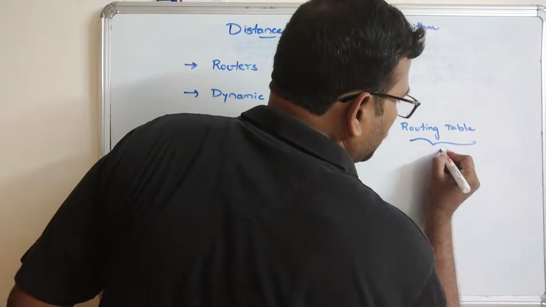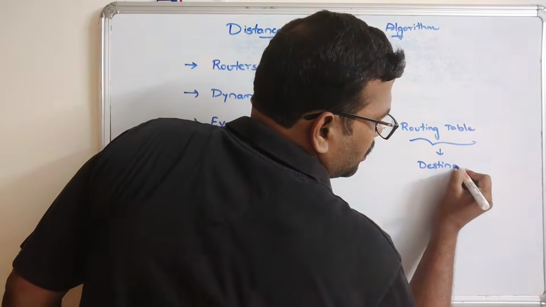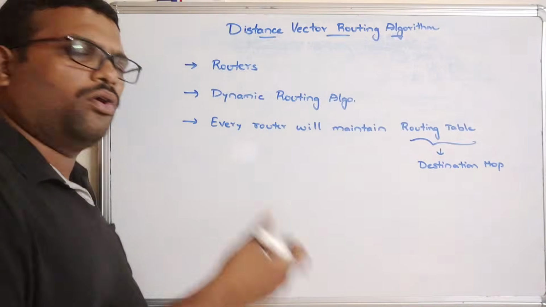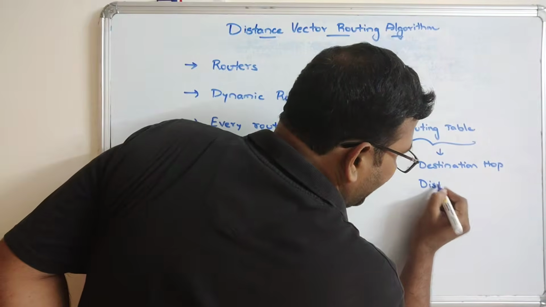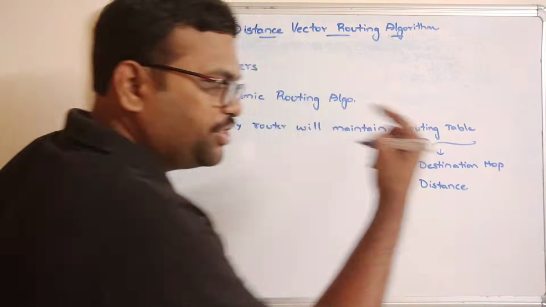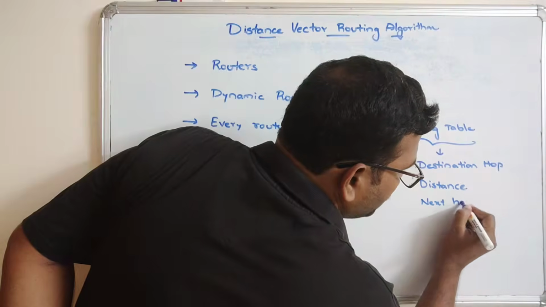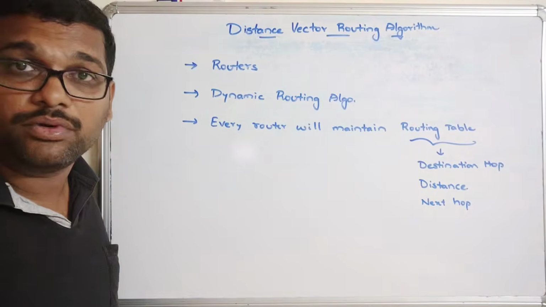This routing table consists of the destination hop, so we can call it a hop or network or router or a system, whatever it may be, and how much distance it requires to reach the destination, and what is the next hop, or what is the next system, or what is the next router.